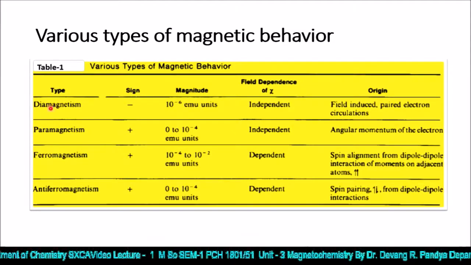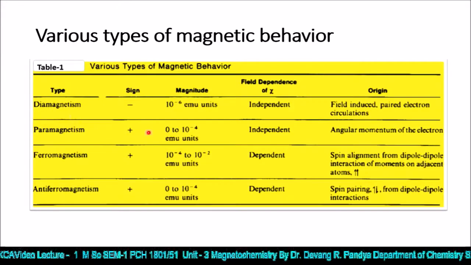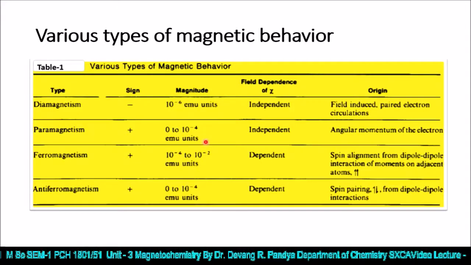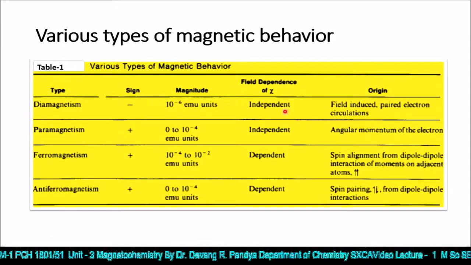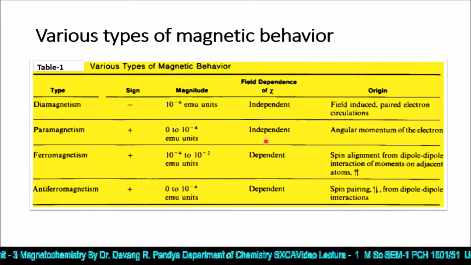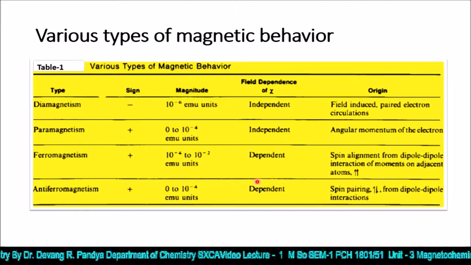That is the sign indicated for these different magnetic behaviors. These are the values in which we will notice the magnitude of these different substances. As far as field dependence is concerned, diamagnetic and paramagnetic are field independent, while ferromagnetic and antiferromagnetic are field dependent.